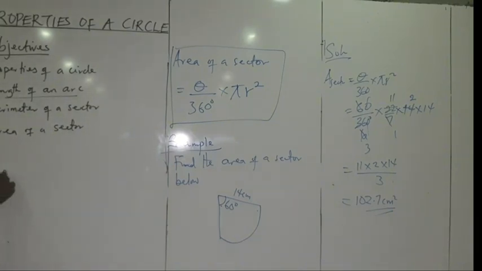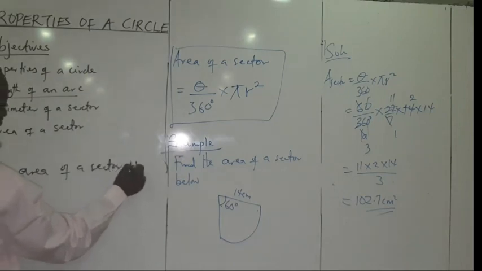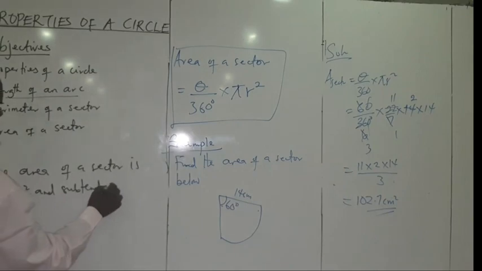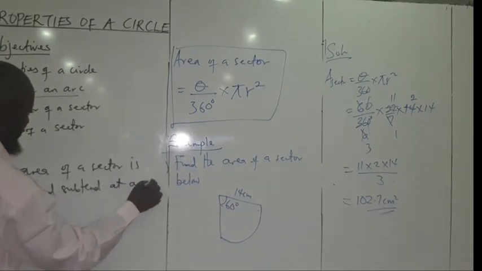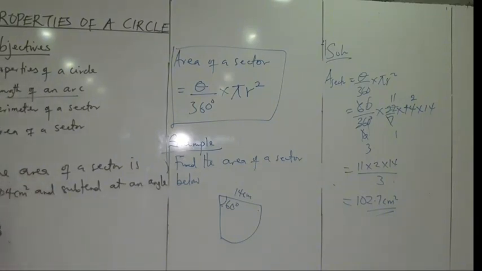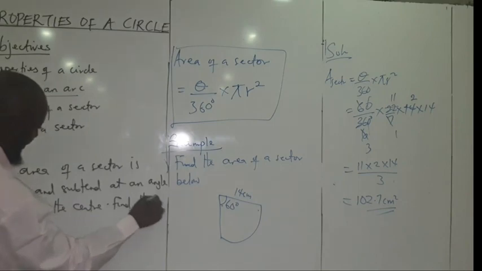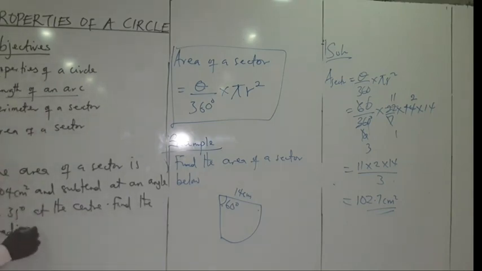The area of a sector is 204 centimeters squared, and subtends an angle of 35 degrees at the center. Find the radius of the circle.